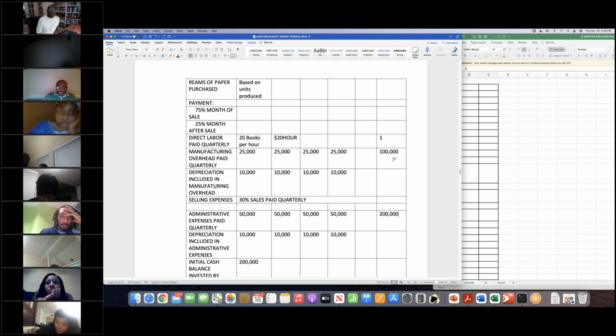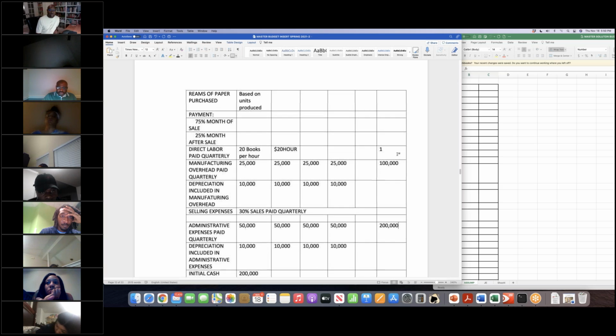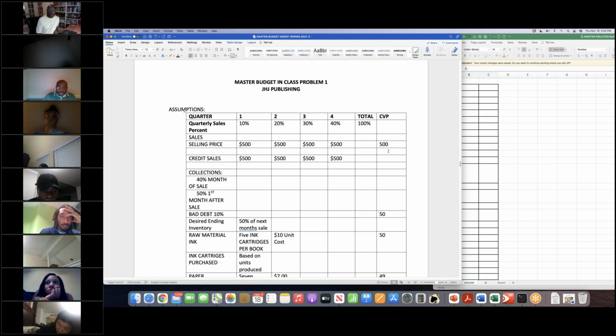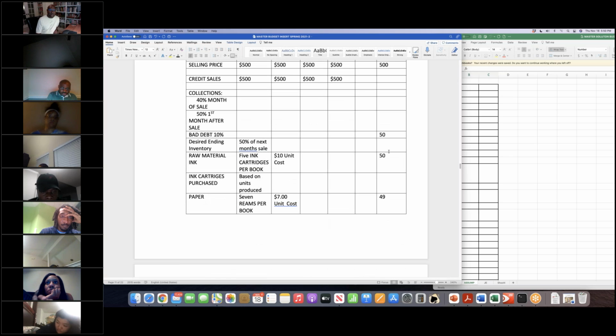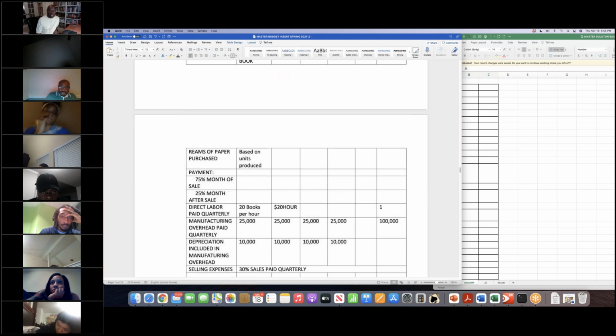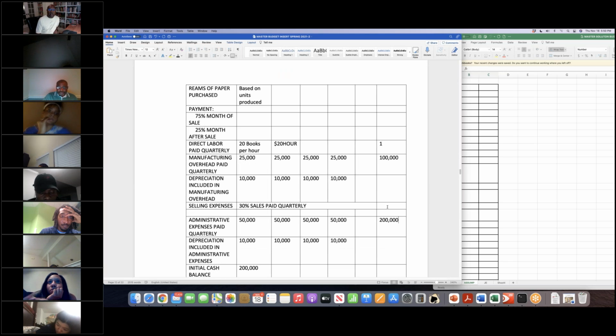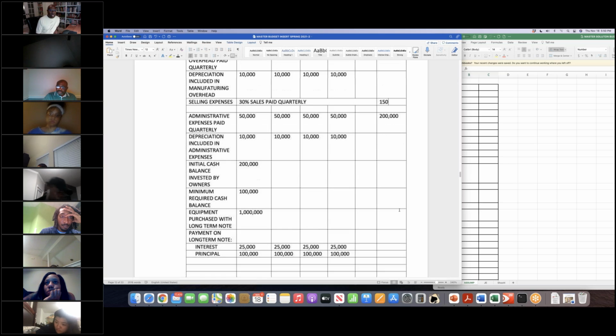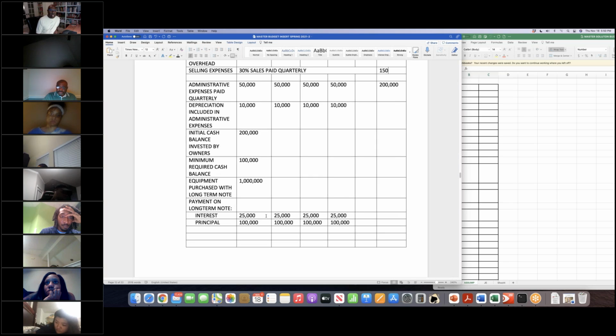So whatever the sales are, the workers are paid a variable cost of 30%. So they're going to get 30% of the 500, so $150. And finally, we have the interest expense of 100,000.